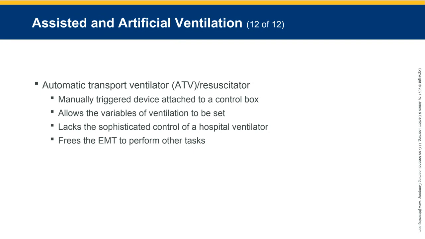It allows the variables of ventilation to be set, but lacks the sophisticated control of a hospital ventilator. It frees the EMT to perform other tasks. So it's a device you place on the patient, you put in some settings and you press a button and it gives the ventilation based on the settings.